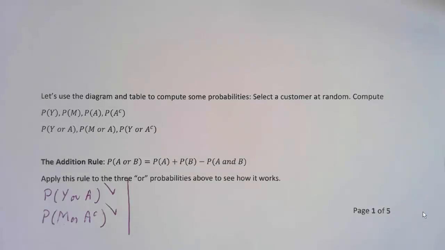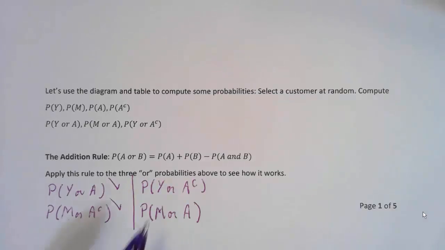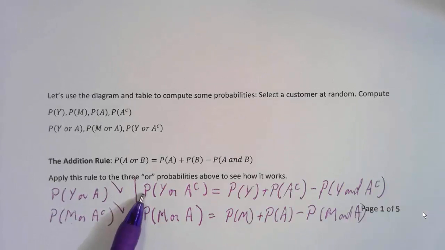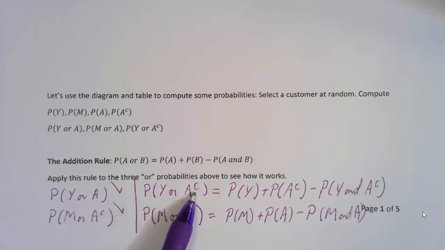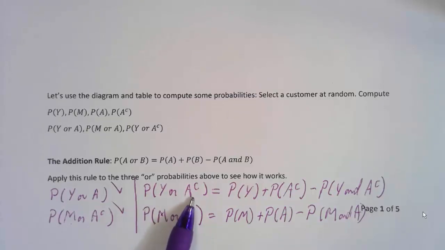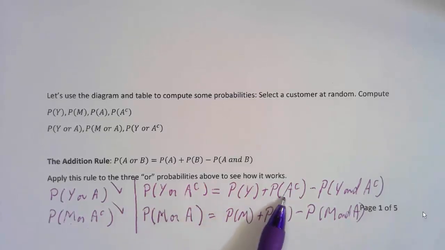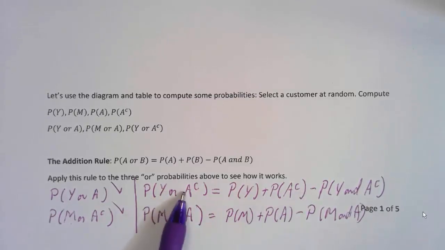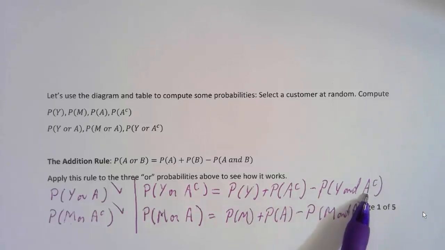There are exactly two other possibilities: the probability of y or a complement, and the probability of m or a. The sum rule tells us this. The probability of y or a complement is the probability of y alone plus the probability of a complement alone minus the probability of their intersection.